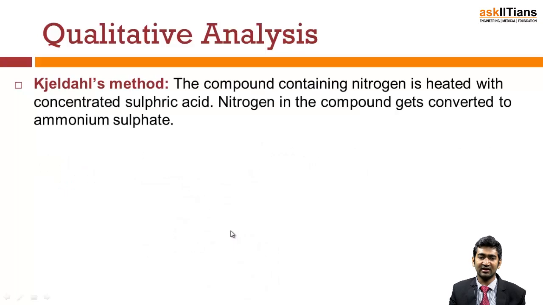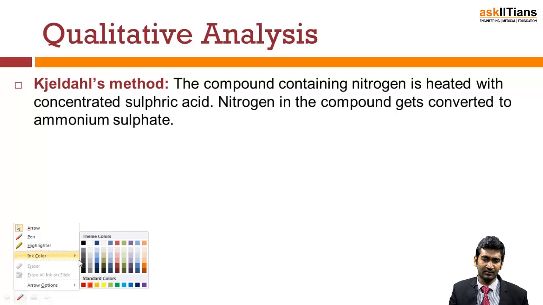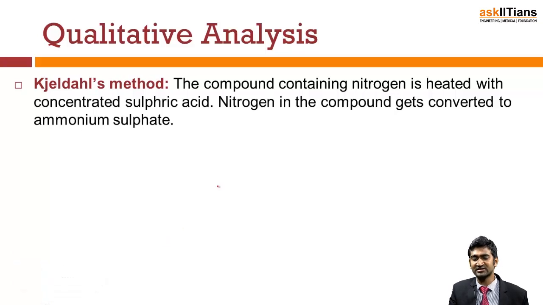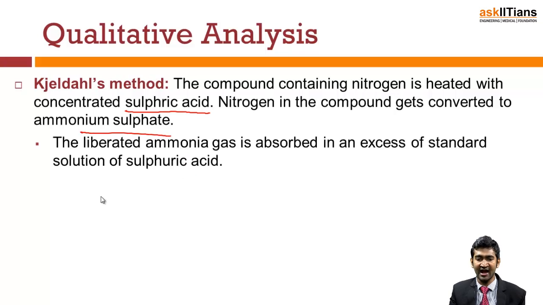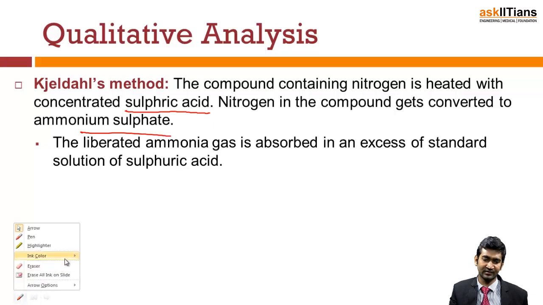The next method is the Kjeldahl method, sometimes also called the Jeldahl method. You may say Kjeldahl or Jeldahl, it is the same thing. It is also for nitrogen containing compounds. What actually happens is the compound is heated with concentrated sulfuric acid, so the nitrogen is converted into ammonium sulfate, and the liberated ammonia gas is absorbed in an excess of standard solution of sulfuric acid.